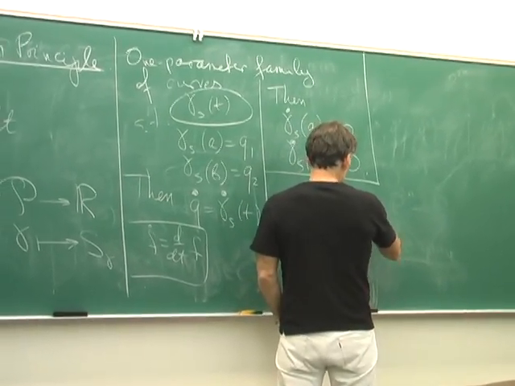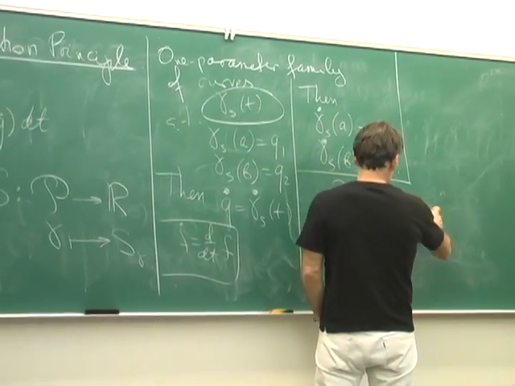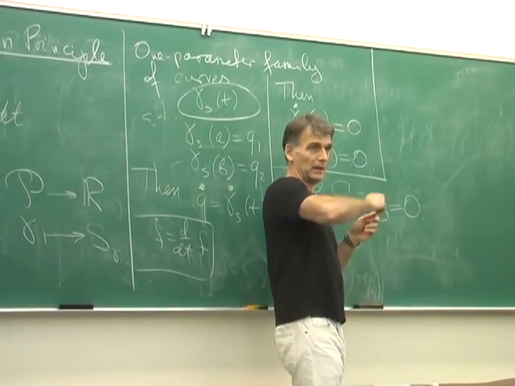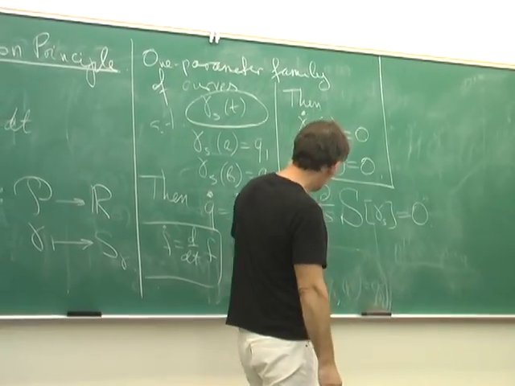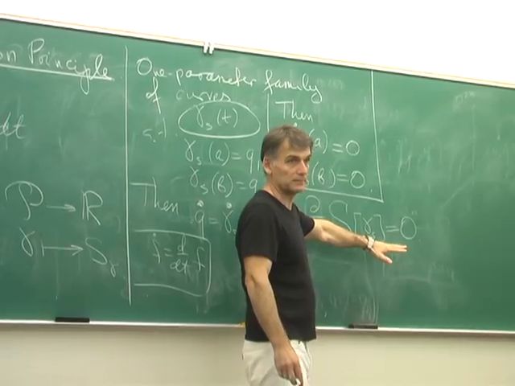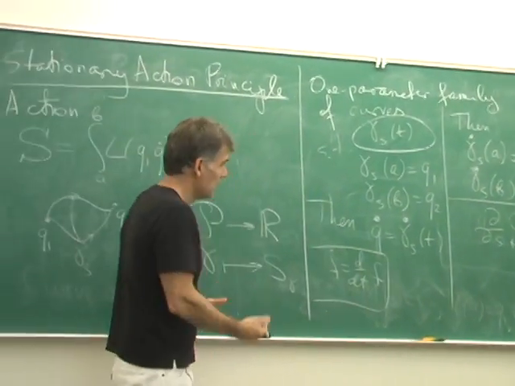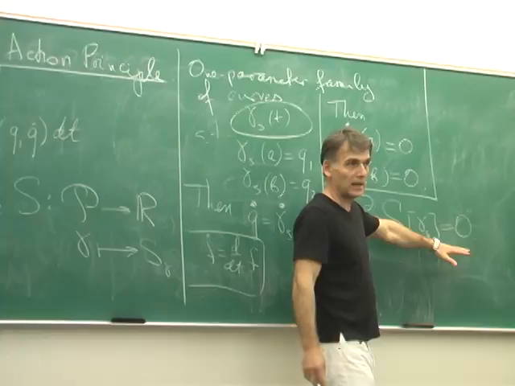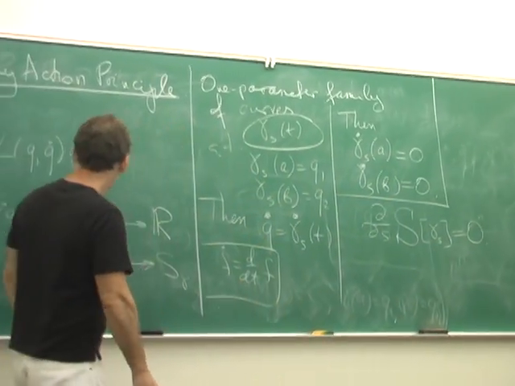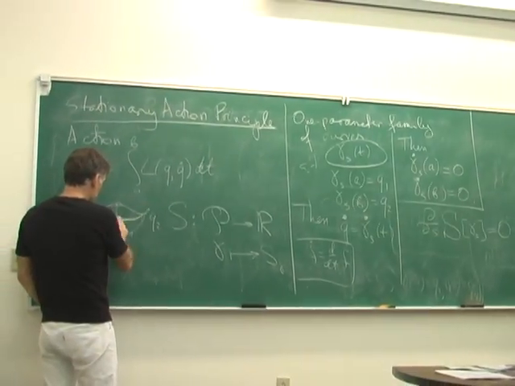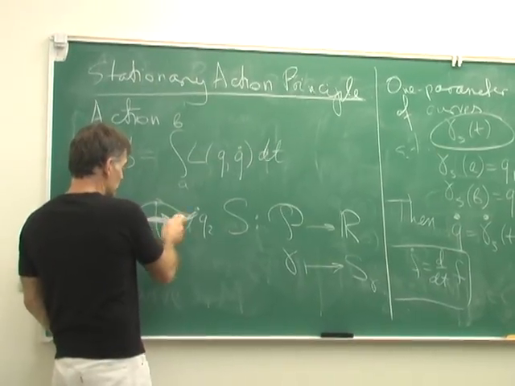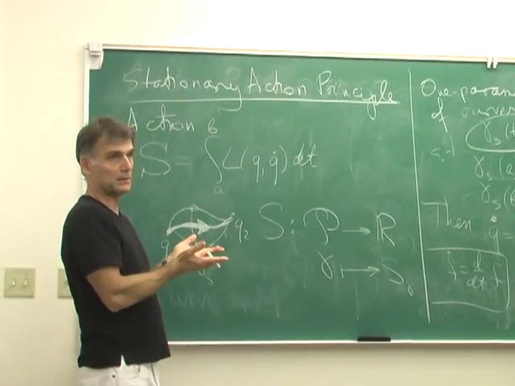So this is just to indicate that it depends on the path, on the map. And so you want to set this to 0 with fixed endpoints, and that condition is called stationary action. In other words, it is one very specific curve on which the action will be minimal.